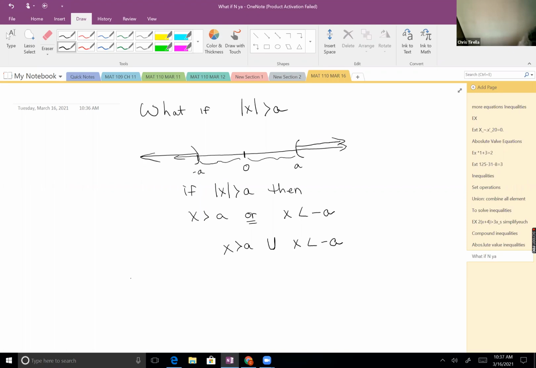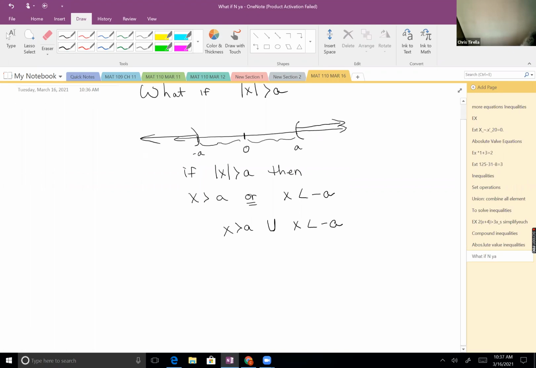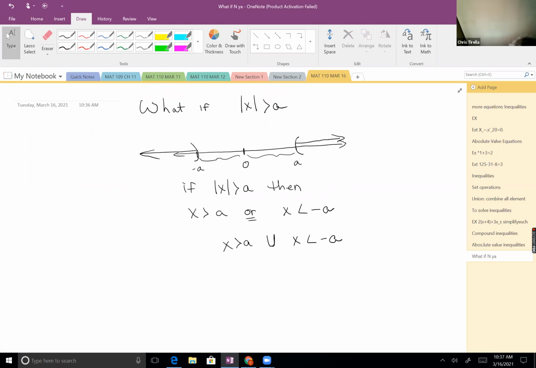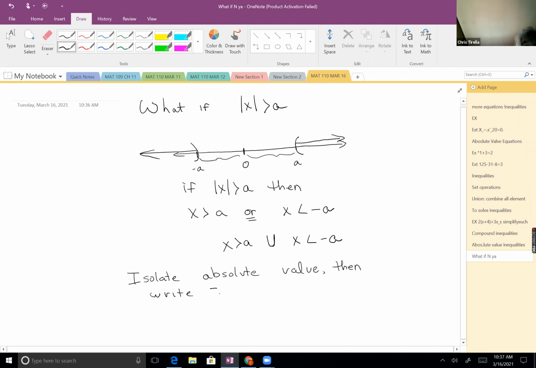So to solve an absolute value inequality like this, where the absolute value is greater than, we first want to isolate the absolute value. Then write two inequalities.